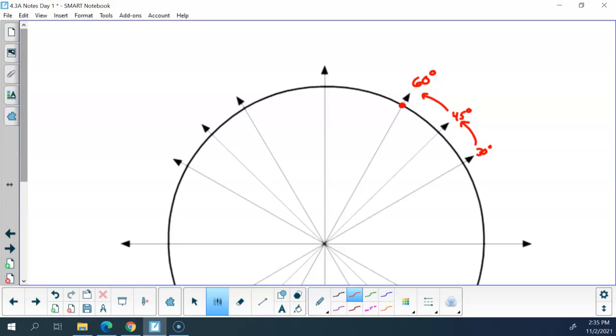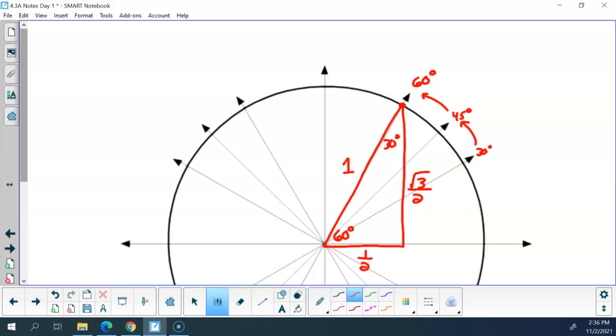Now, if I make my triangle, now this is my 60-degree angle. Here is my 30-degree angle. I still have a hypotenuse, radius, of 1. So which is which? 1/2 would be which one? The horizontal or the vertical? The horizontal. And the vertical would be square root of 3/2.